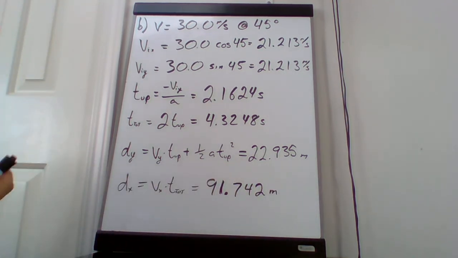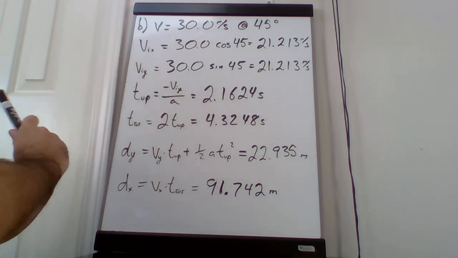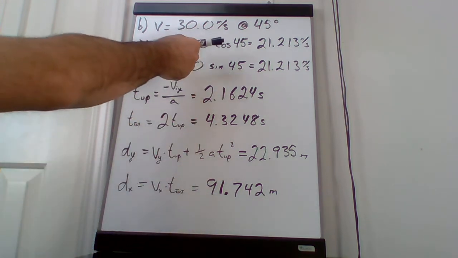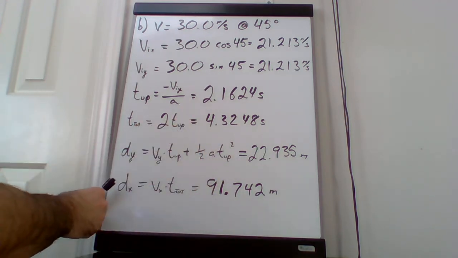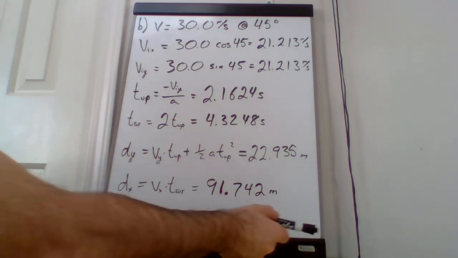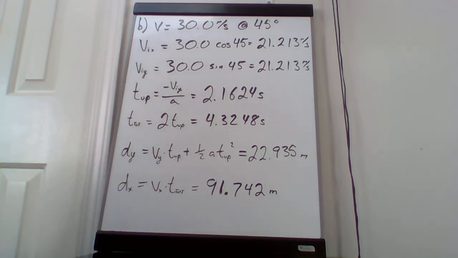So on the way up, the object spends just over 2 seconds to reach 23 meters before coming back down. In the x direction, it is in the air for over 4 seconds and then travels 91.7 meters.